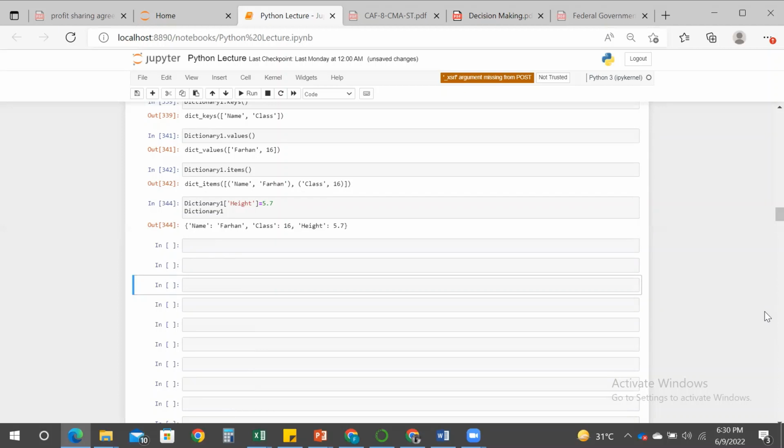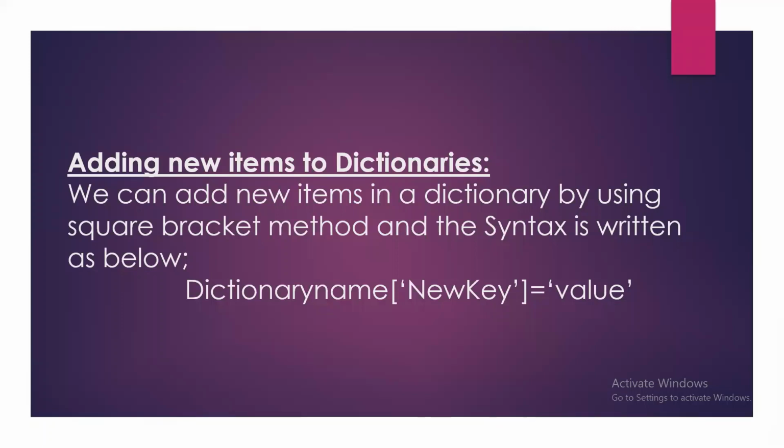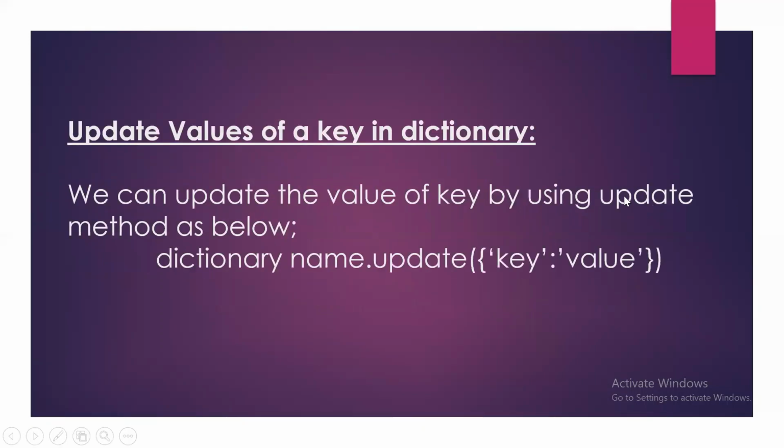Now we can also update the value of an item by using the update function. To use the update function, we specify the name of the dictionary in which we want to update a value.